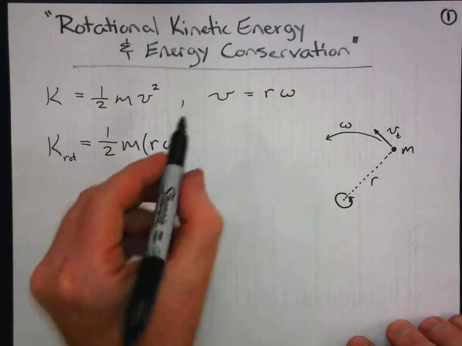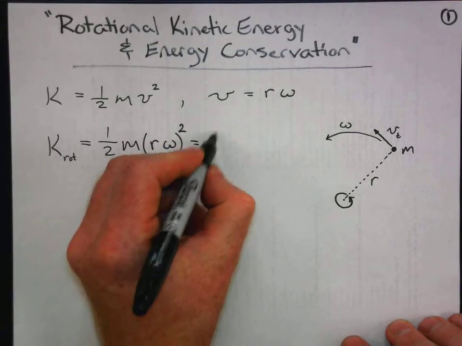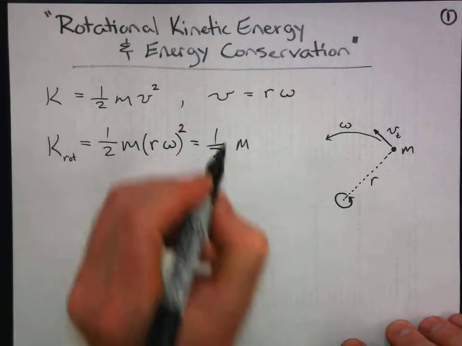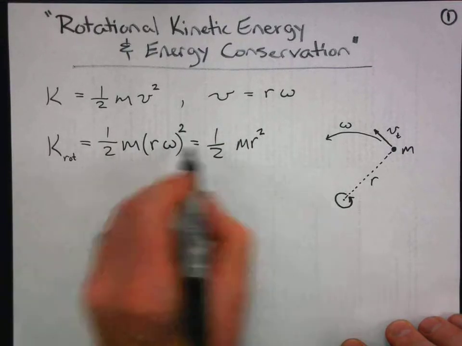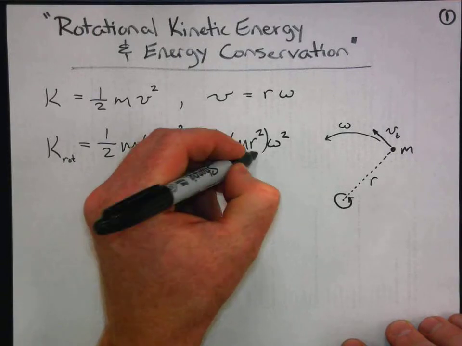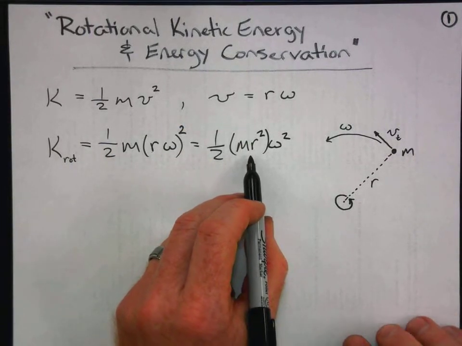And so we can say that this is going to be 1/2 times mass, and we have r squared, and we have omega squared. I'm going to put the m and r squared in parentheses here, and there's a reason why.